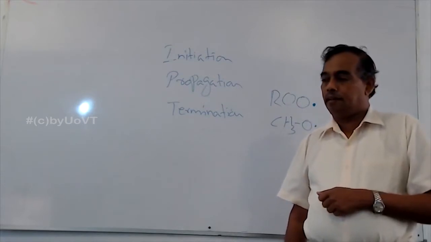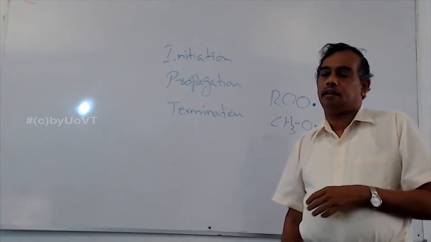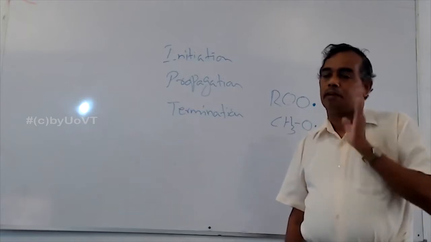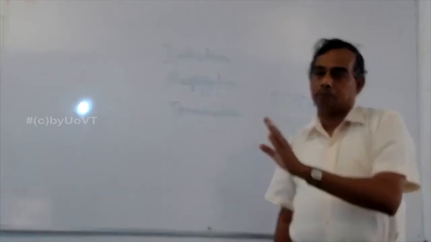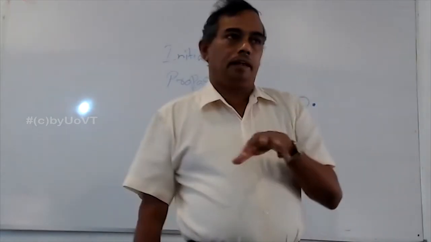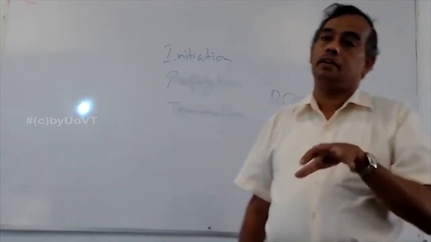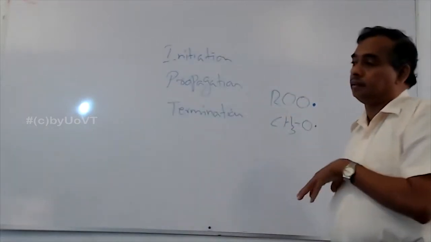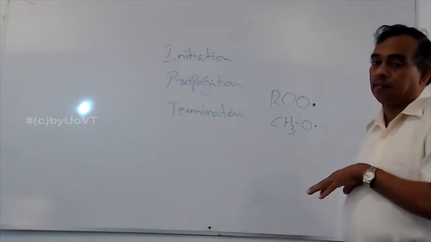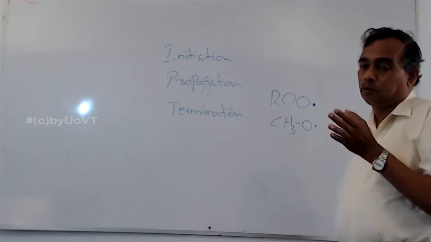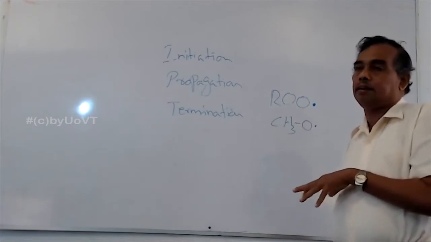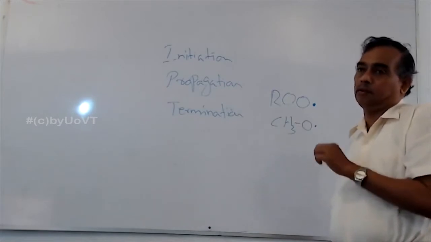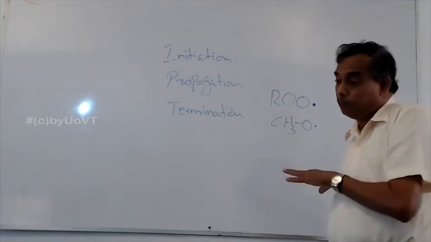Then, at the end of the process, what will happen? Initially there is formation of free radicals, then peroxy radical formation, then the termination level. When it comes close to the termination level, the peroxy radical converts into peroxide.